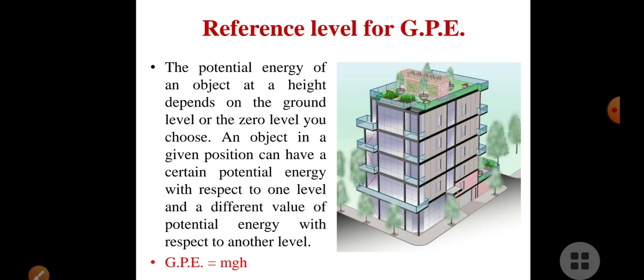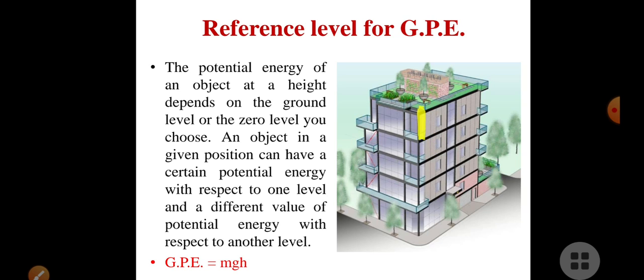If you are standing on this roof and you are choosing the reference level as the ground, then what will be the height? This much. But if you are choosing the reference level as this floor, then what will be the height? This much.